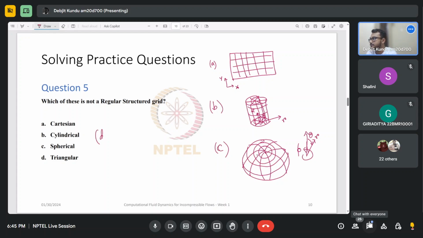And option D, triangular, is something like this. So let's say I'm using a rectangle only to begin with. But it is broken up into triangles like this.